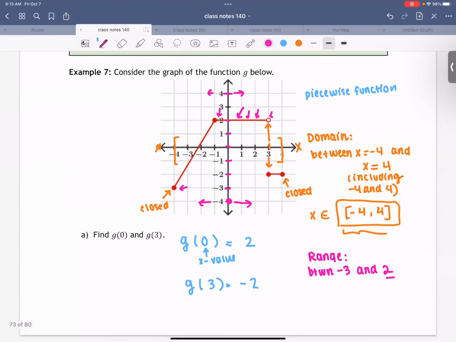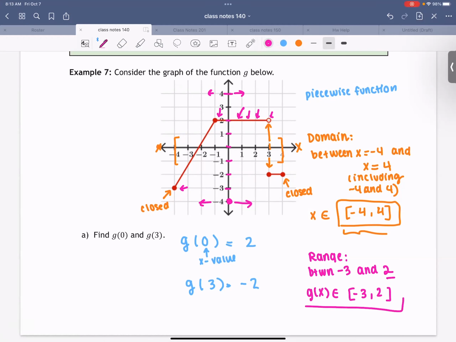So in set builder notation, we can say -3 and 2, and since we're including them, we can put them in brackets. Okay. Oh, and we'd say either y or g of x is between these two numbers. Okay. Any questions on domain and range?